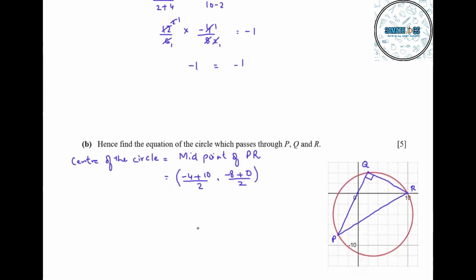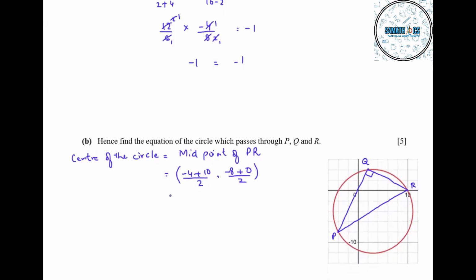Minus 4 plus 10 is 6. 6 divided by 2 is 3. So it is 3, comma, minus 8 plus 0 is minus 8. Divided by 2 is minus 4. So the center of the circle is at 3, comma, minus 4. So it is almost over here.